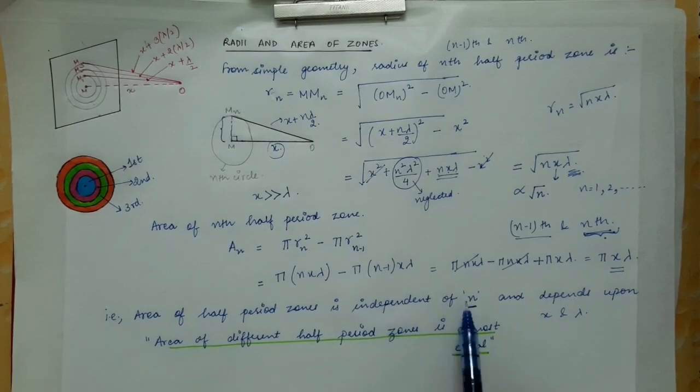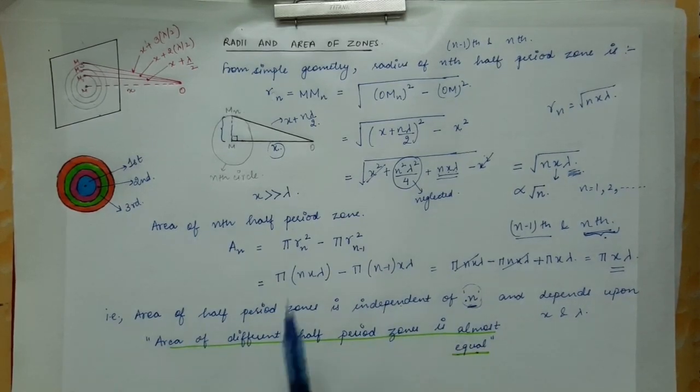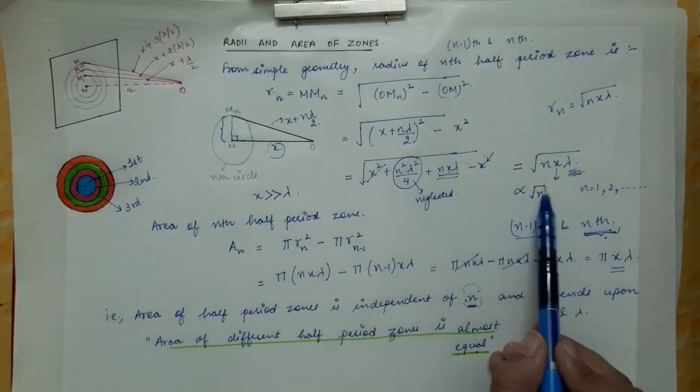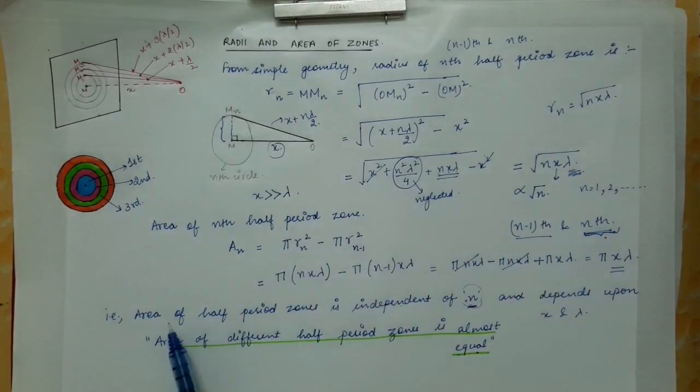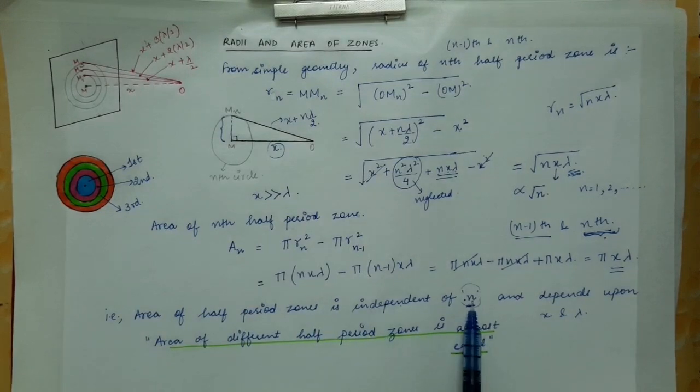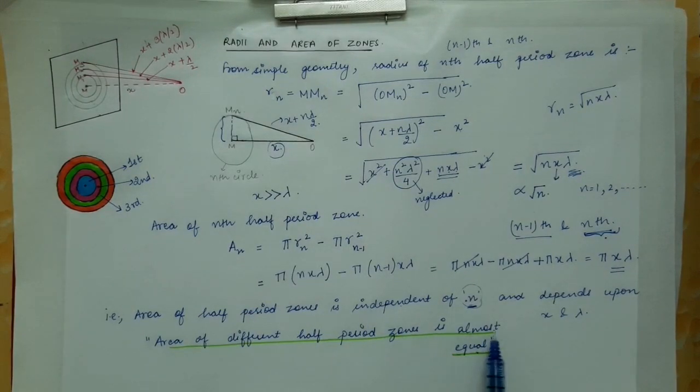It is independent of this integral value, whereas the radius depends upon the square root of n. But the area of the half period zone is independent of n, and it is almost equal for different half period zones.